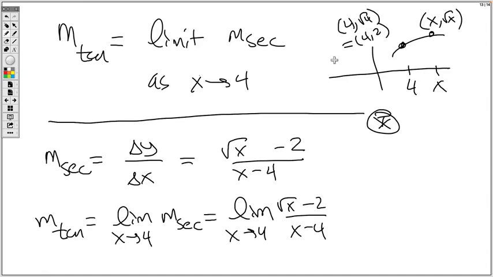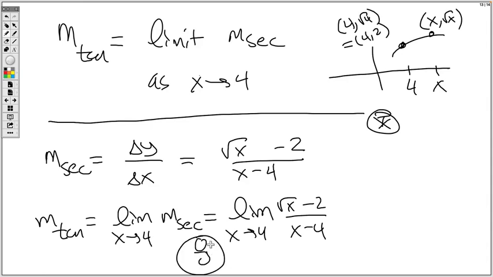Okay? All right. So, first thing we try on a limit is what? Anytime you encounter a limit, the first thing you try is direct substitution. So we'd actually plug in x equals 4. Now, plugging in x equals 4 would be the same as plugging in the same point to the slope formula. You're always going to get a what on top and a what on the bottom. So every single one of these problems will be a 0 over 0.